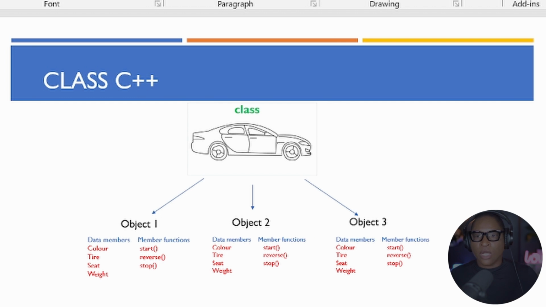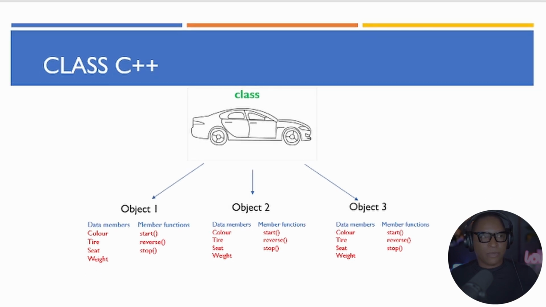Let's use a car as an example. So you're running a car manufacturer and you're going to create hundreds of thousands of cars. It's not effective to keep writing the same objects or the same things that will be in a car over and over.